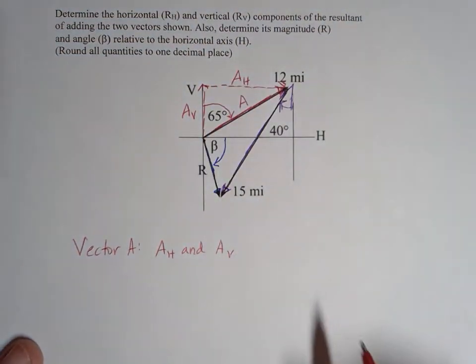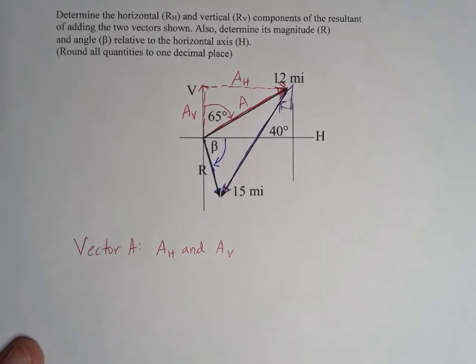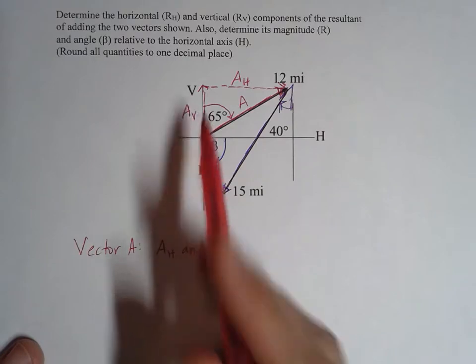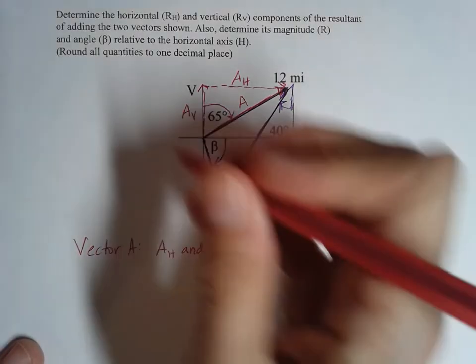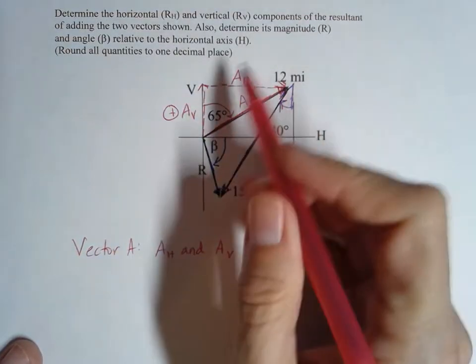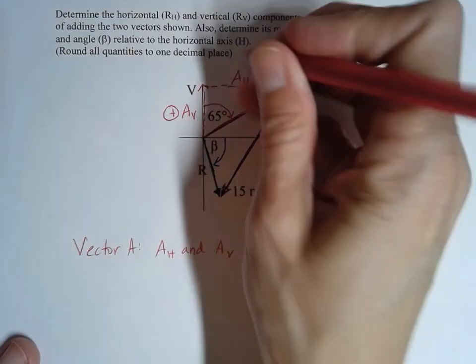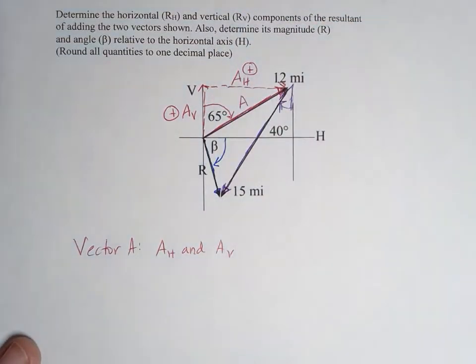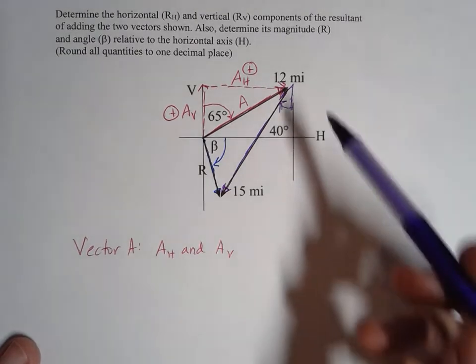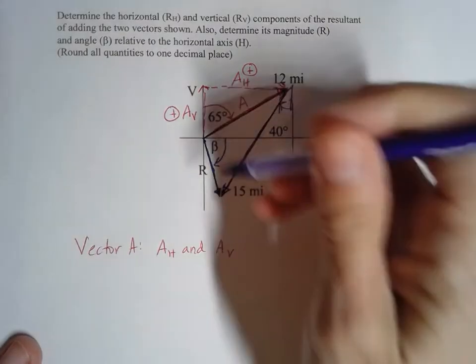And I can take a look at those while I'm drawing them on and think about what kind of magnitude they're going to have. A sub v is going up from the origin, and so we're going to say that's positive. And A sub h is going to the right, and so that is also positive. Just something to think about before I start solving for their numerical values. For B, I'll put a B here.